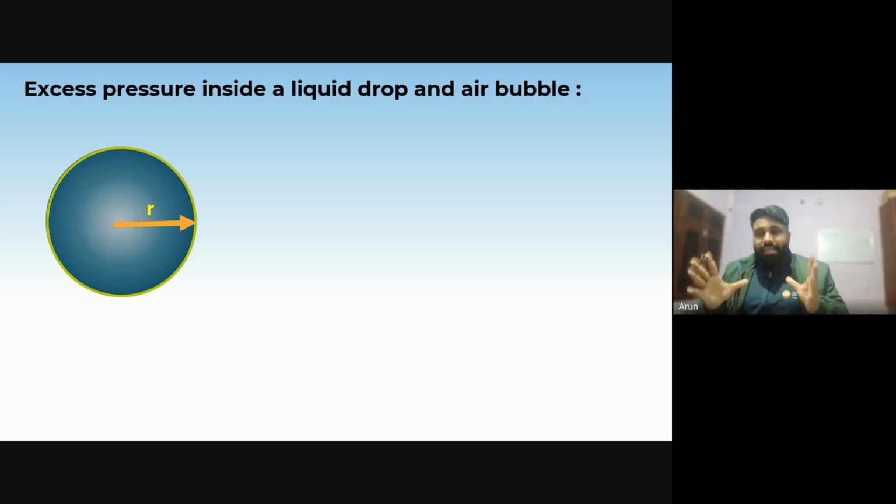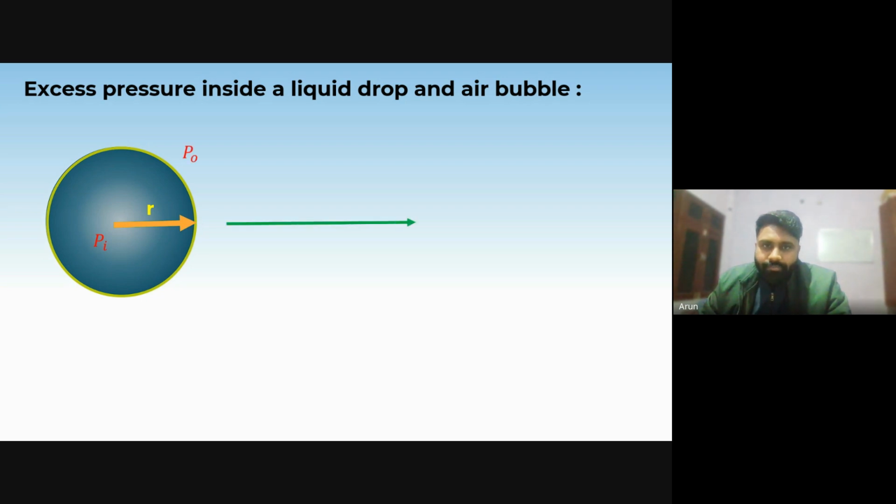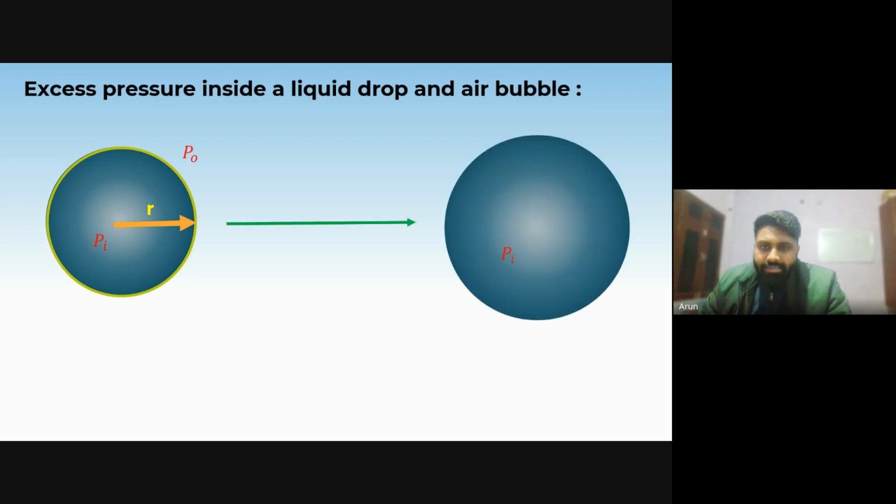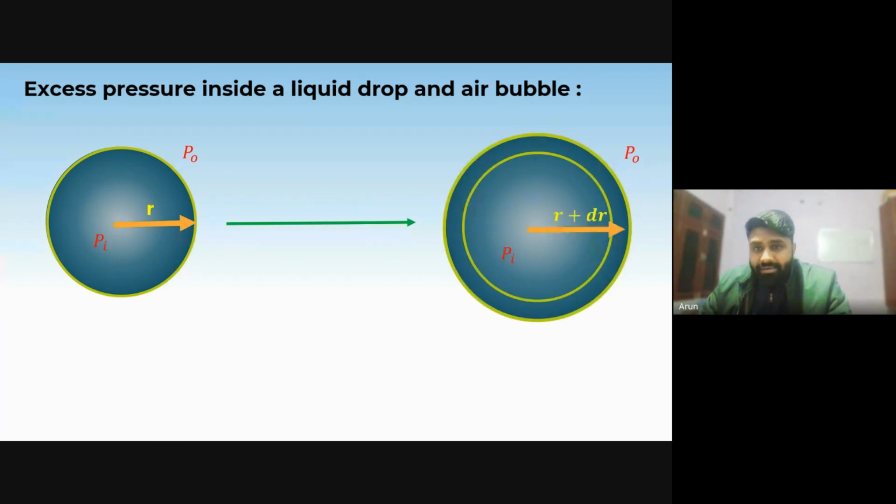And that work done is related to the surface energy, because work done is associated with energy. So let's say the radius of this liquid drop is r and internal pressure is Pi. Outer pressure is Po, and it extends the radius by a very small value dr, and there is work done in this process.